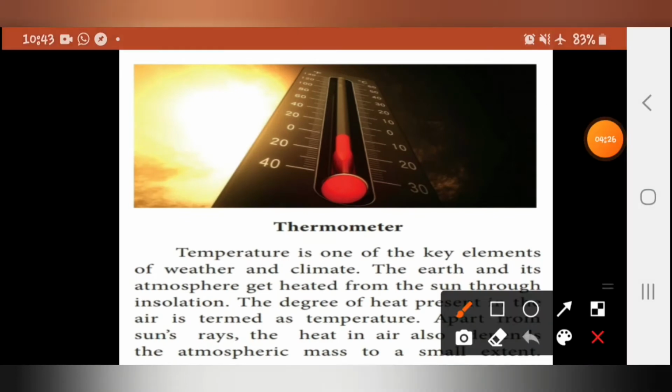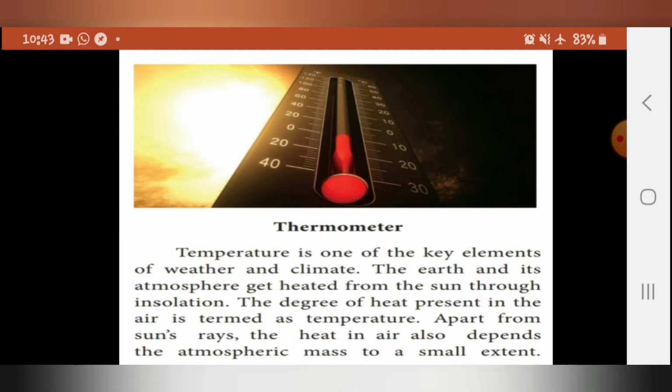First one is temperature. You can see the picture of a thermometer here. Temperature is one of the key elements, the main element, of weather and climate.